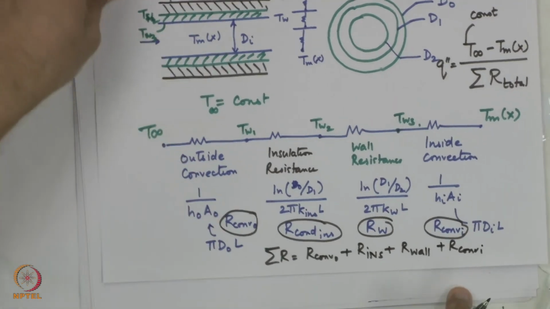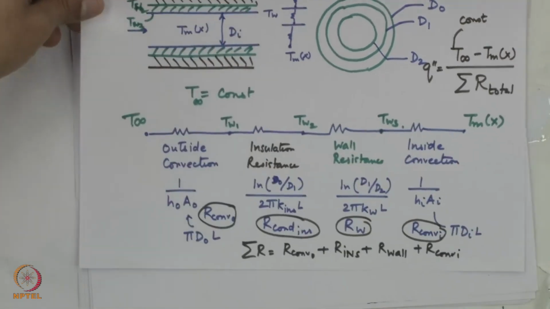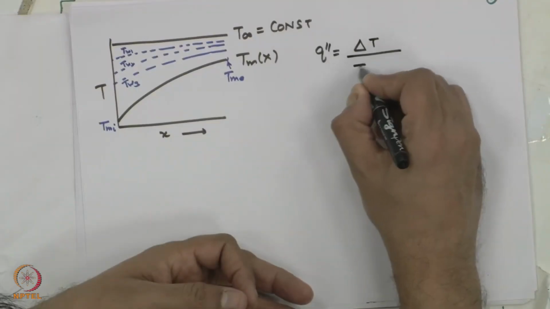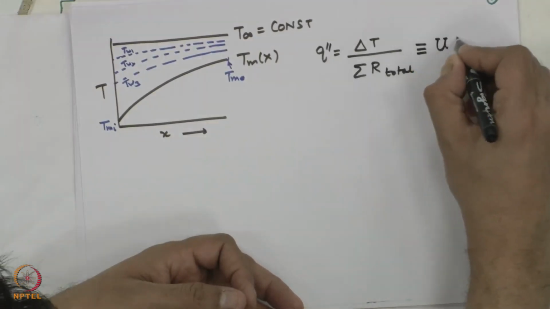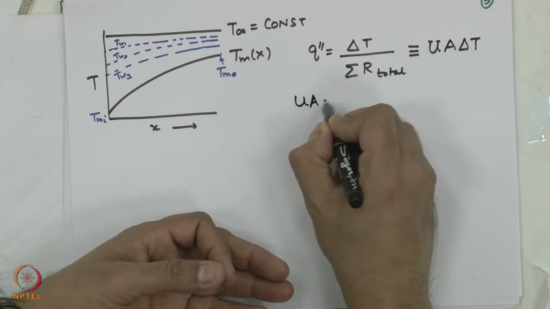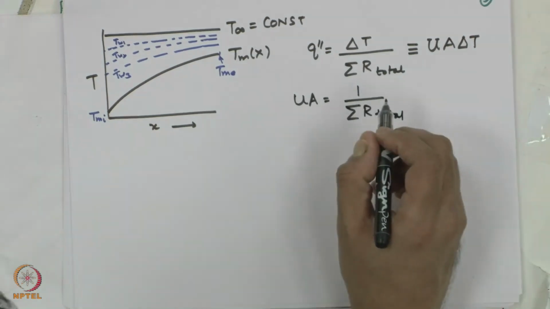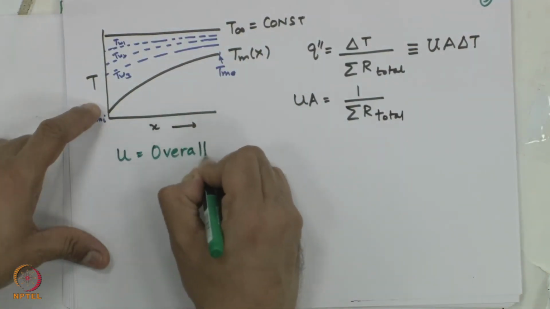These 4 can be calculated knowing the dimensions and the outside and inside heat transfer coefficients, and the total resistance can be calculated. Once this is known, this can be extended as Q double prime is equal to delta T divided by sum of R total, and this results in an equation where U times A is nothing but 1 over summation of R total, and this U is called the overall heat transfer coefficient.